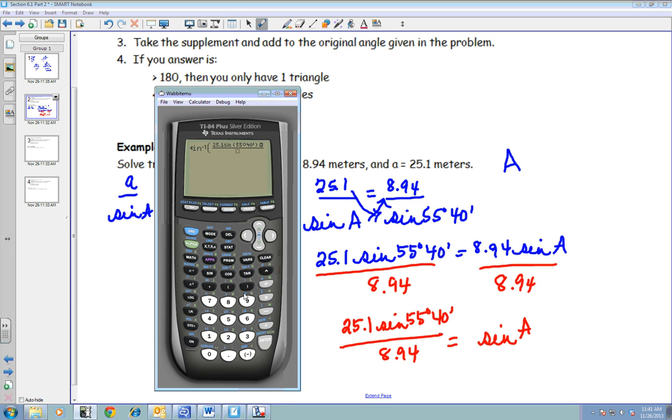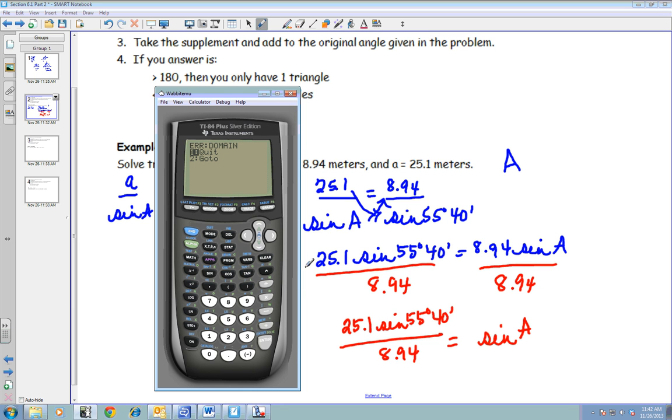I'm going to close the parenthesis, and then divide by 8.94. I'll finish my bracket. Equals. Uh-oh. There's a reason why I got that. It says error.